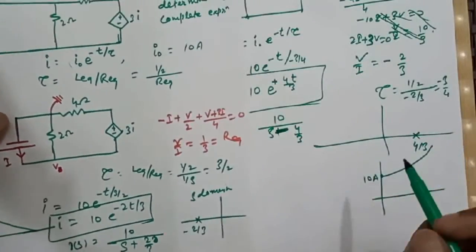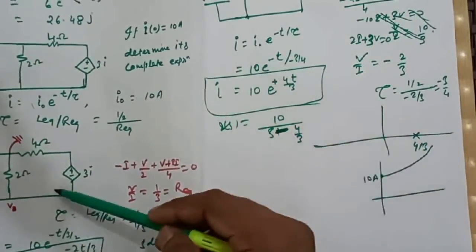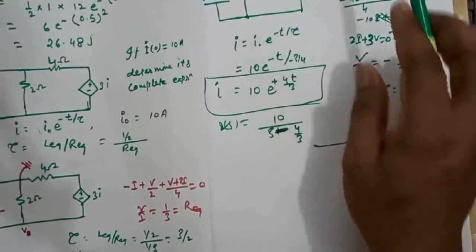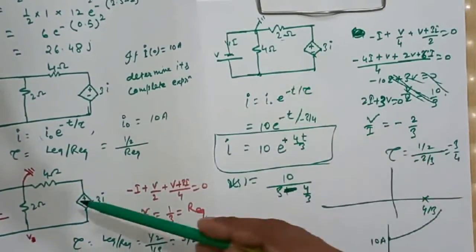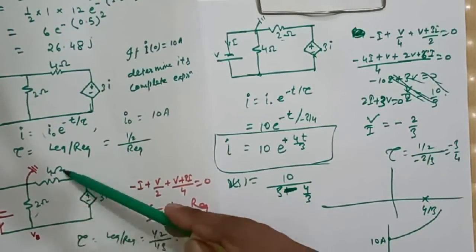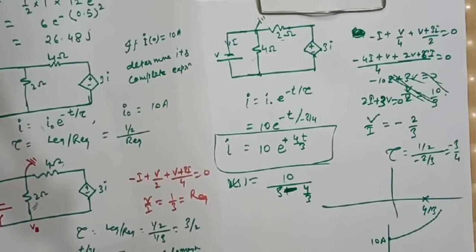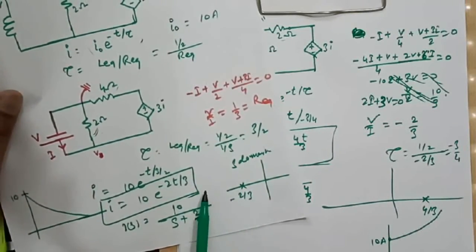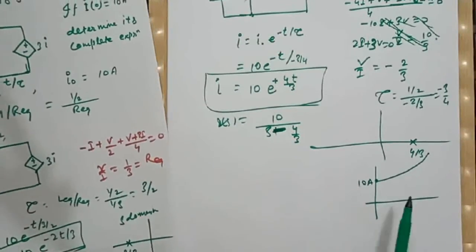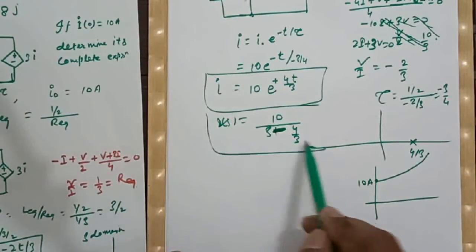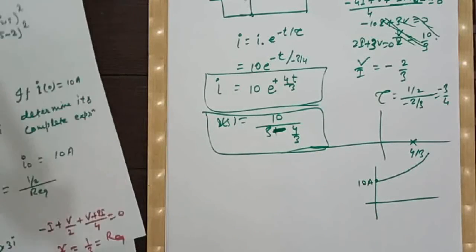So you can see here, same circuit, after interchanging the position of these two resistors, in one we are getting a stable signal and in the other we are getting an unstable signal. So this was the interesting thing.